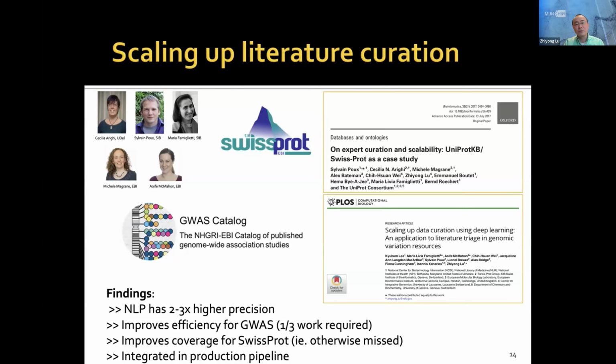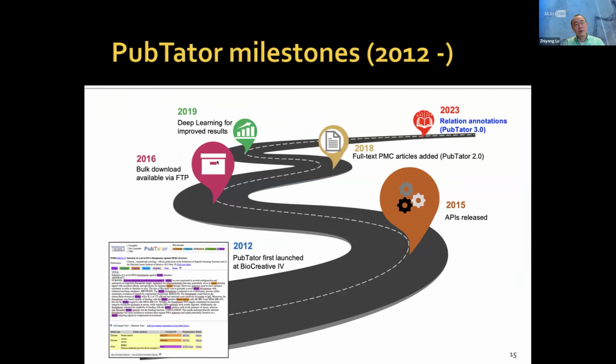Details can be found in those papers, by the way; I'm not going into the details. Because of that, we have continued to develop PubTator. As I mentioned, we started this over 10 years ago with the very first version of PubTator.